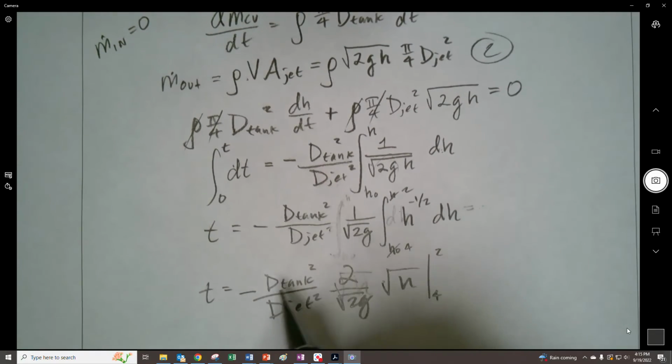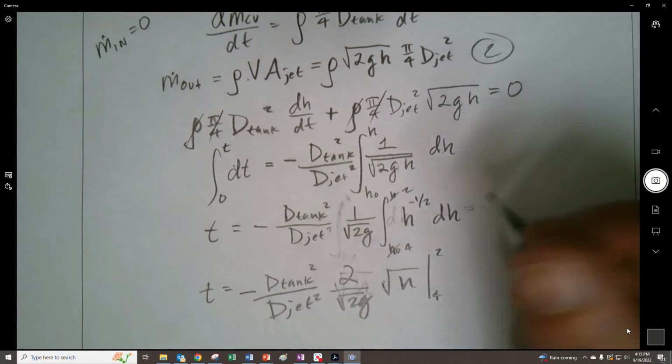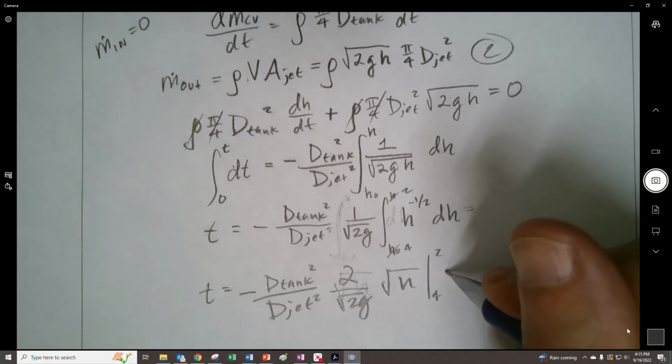And because it's going to be 4 to 2, that's going to make the negative go away, right? Yeah, okay. This is just going to reverse the order of these things.